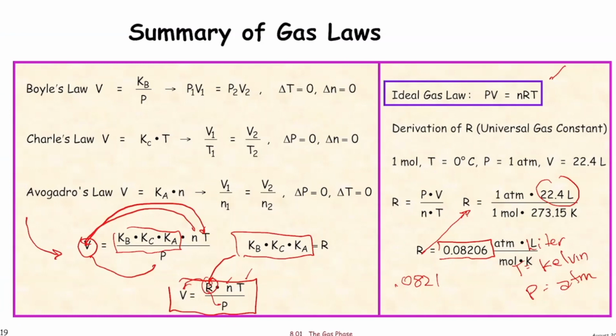So they have to be on top in order for the units to cancel, and then moles and kelvins are in the bottom, because moles and kelvins in the gas laws are in the numerator. And if you want the units to cancel, then that unit in the R needs to be in the denominator.